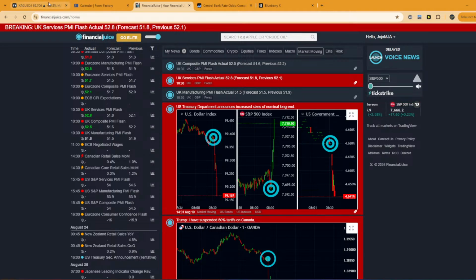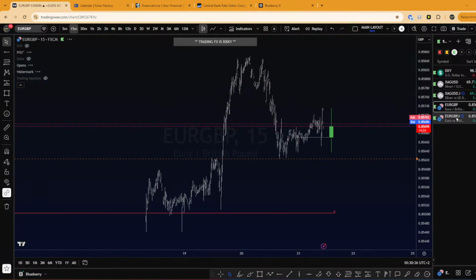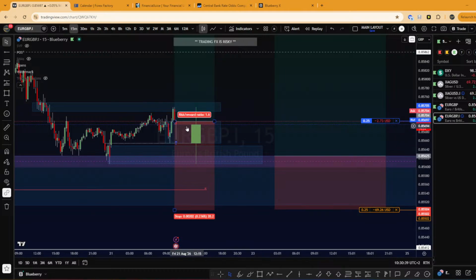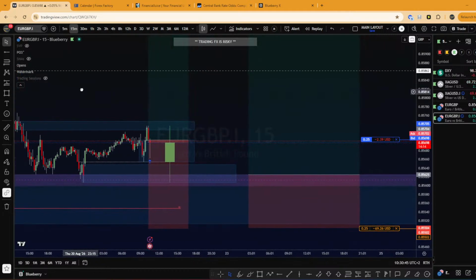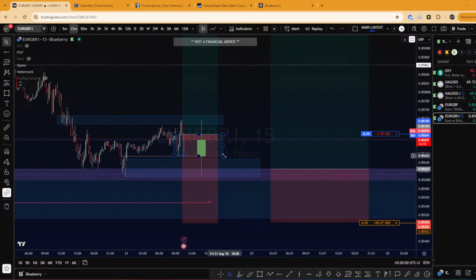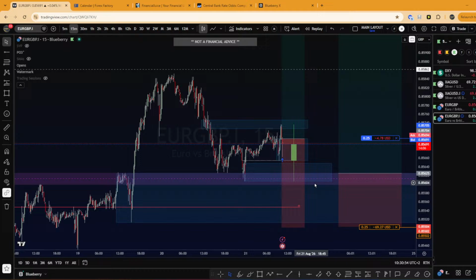So we expect a little bit lower prices. So I get triggered. You see, that's why I put my stop here in case we have strong PMI on pound. So let's see how this will develop if we could test more lower prices.